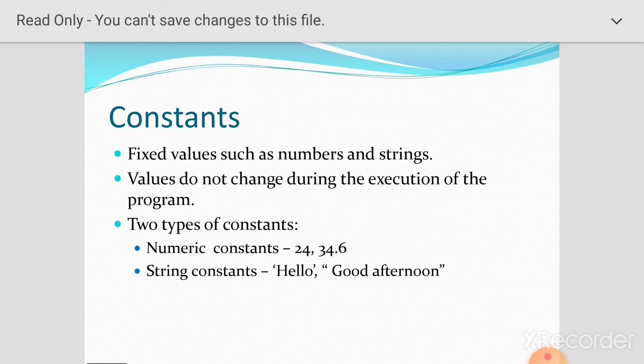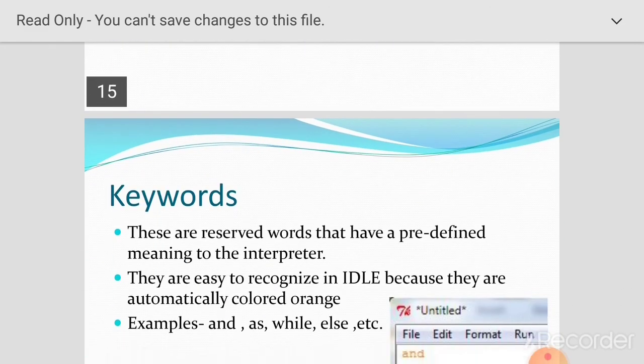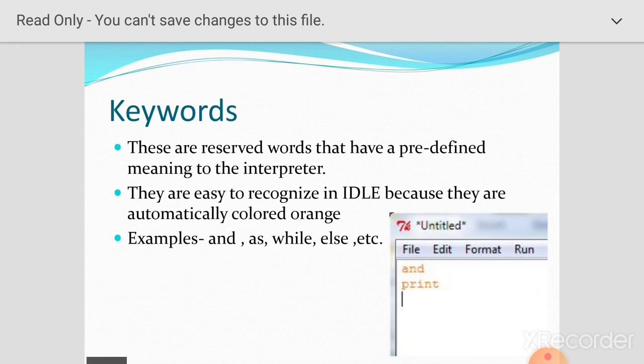Okay, children? Next, coming to keywords. Here in the above program, when I typed the print word, it appeared in orange color. Why? That is because it has a predefined meaning to the interpreter. It is a reserved word.